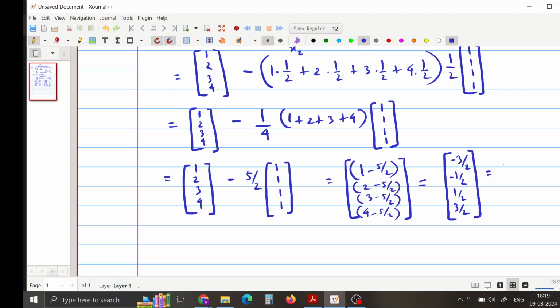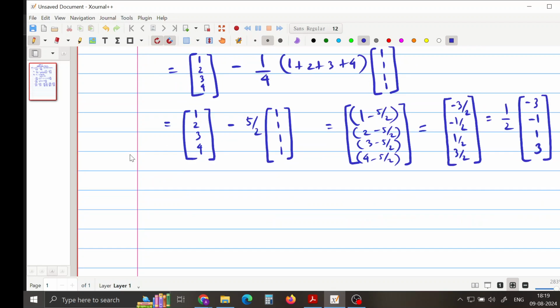If you take the half factor outside, it is half times minus 3, minus 1, 1, 3. And the last step: this is v2 tilde, which is not yet normalized. Its norm is not equal to 1. To make it unit norm, we now have to find its norm and divide the vector by its norm.